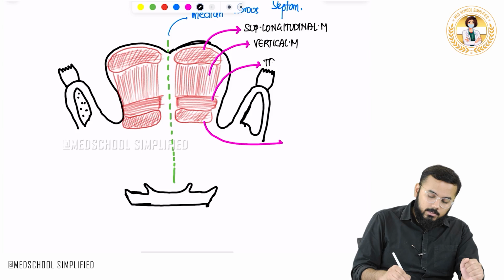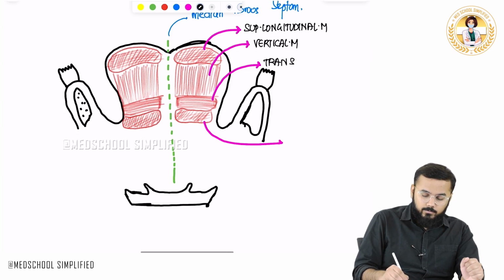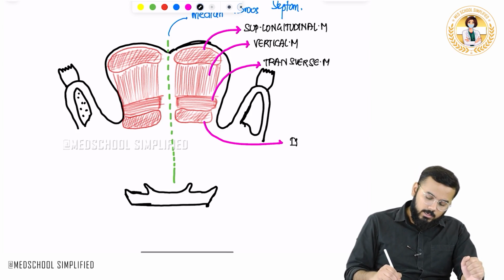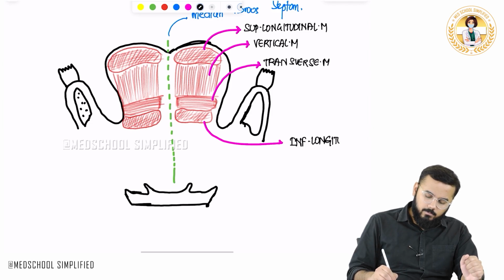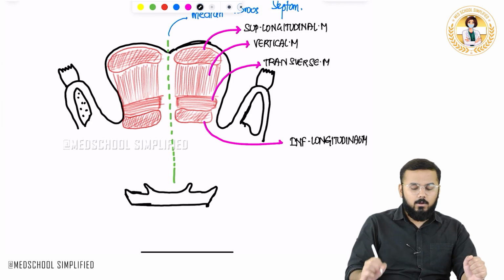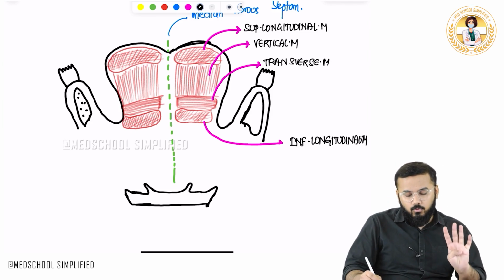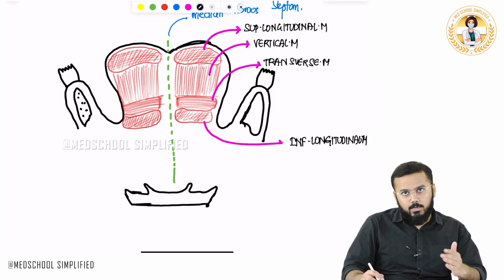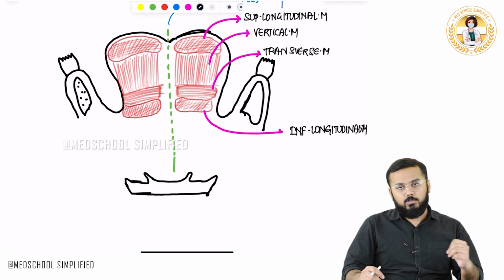Next is the transverse muscle. Next, down here, is the inferior longitudinal muscle. So there are 4 groups of muscles: superior longitudinal, inferior longitudinal, vertical, and transverse.